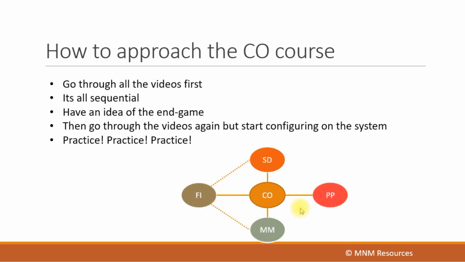But if you plan to become a product costing specialist, that is a CO module subcomponent called product costing, then I would recommend that you also take a course from the PP module as well, because most of the CO master data for product costing flows from the SAP production planning module. So if you want to be an expert product costing consultant, then you should also know about the PP module as well.